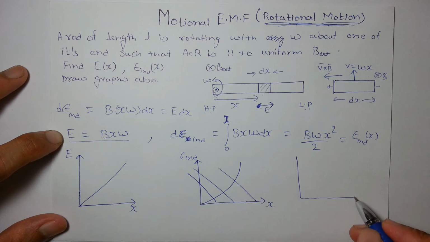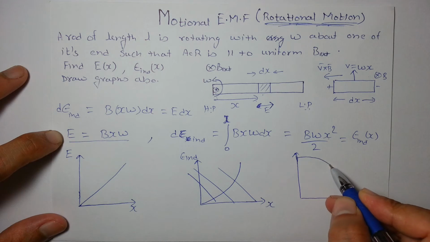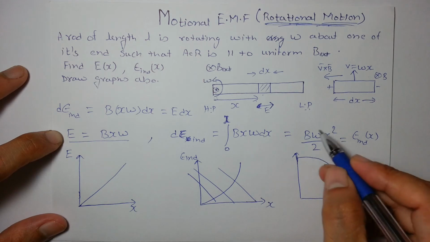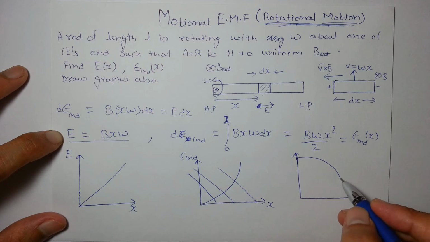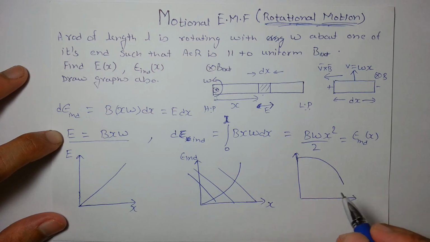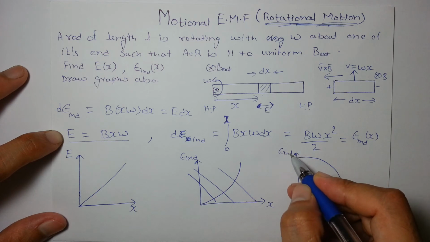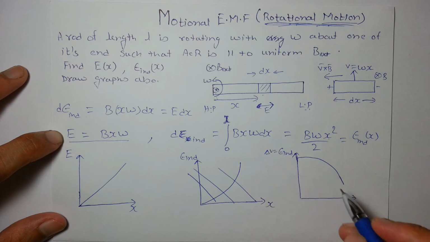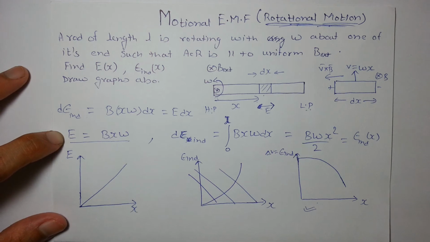As we move away from the axis, potential is decreasing, so it should be a downward opening parabola. This is just the magnitude of the EMF induced, and if we follow its trend, it is decreasing in value. So it is the EMF induced or delta V which is decreasing, as a function of x. I'll further explain this type of graph in the next part of the video.